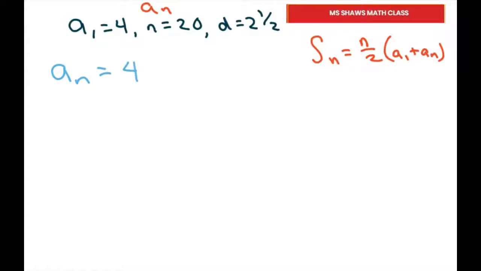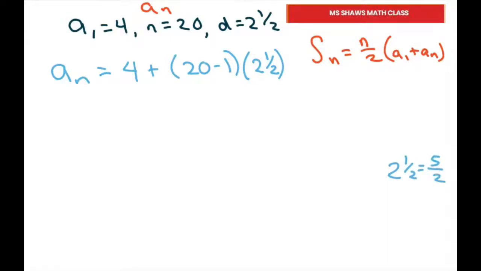Our first term is 4. Our n is 20, minus 1, times d, which is 2 1/2. Remember, 2 1/2 equals 5/2, if that helps. So basically, you get 4 plus 19 times 5/2.